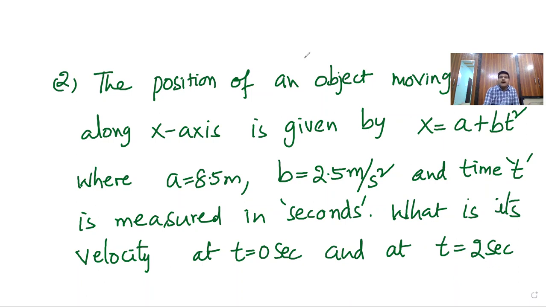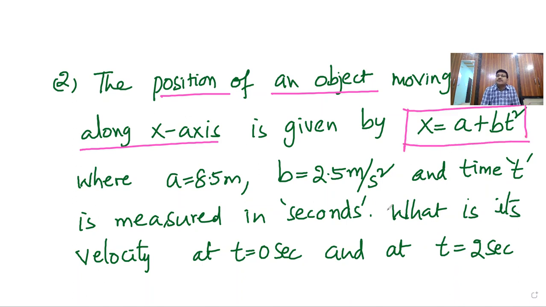Observe the problem carefully. The position of an object moving along the x-axis is given by this mathematical expression: x is equal to a plus b t square, where a is 8.5 meters, b is 2.5 meter per second square, and time t is given in seconds.